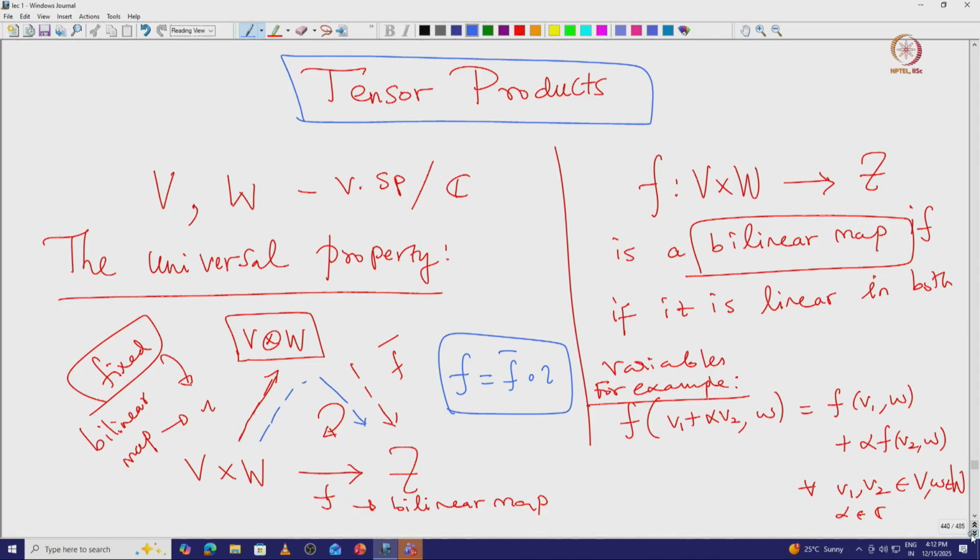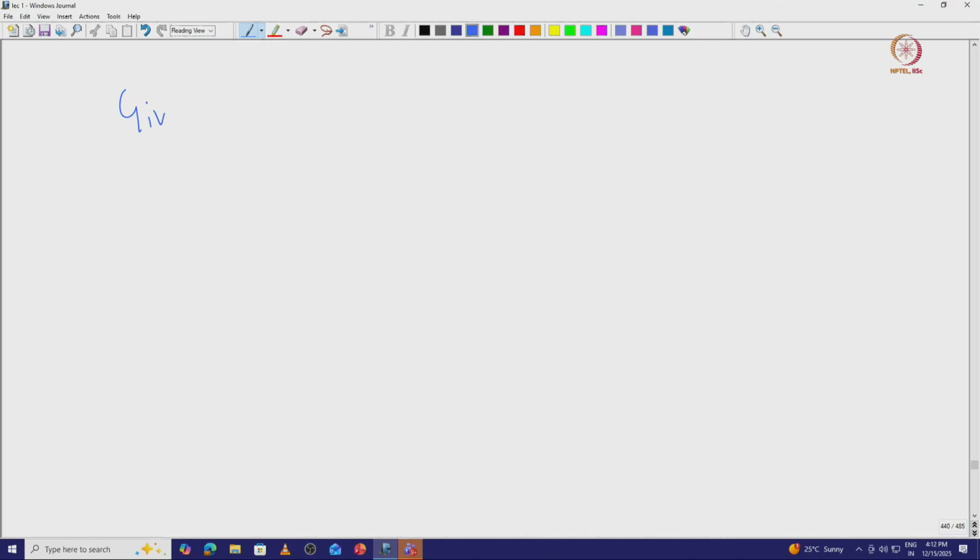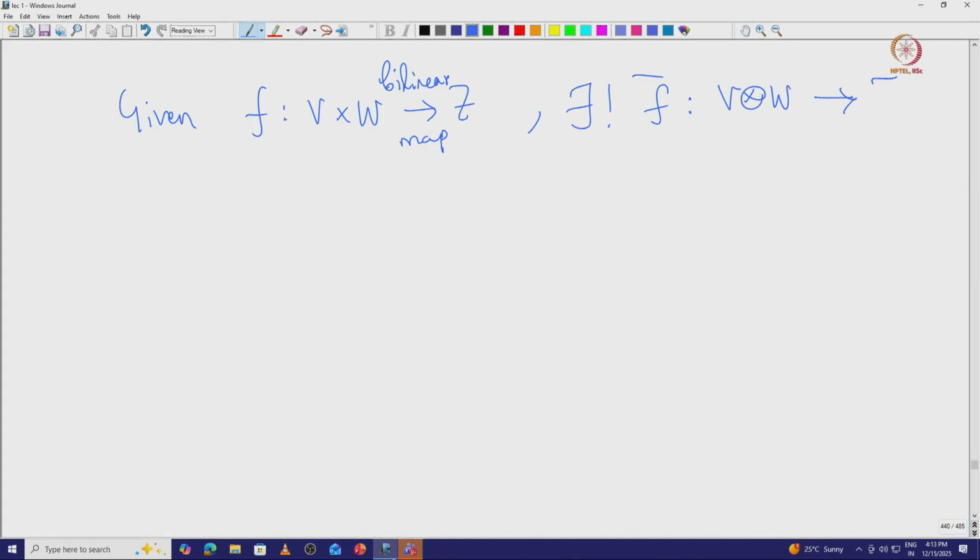Let me write it clearly. Given F, which is a bilinear map, there exists a unique F bar from V tensor W to Z, which is a C-linear map, such that the relation F equals F bar composed with iota holds.